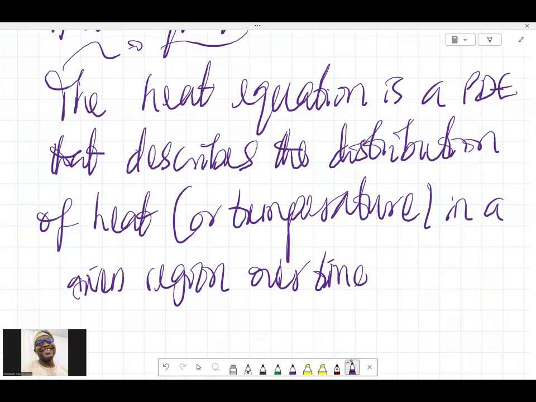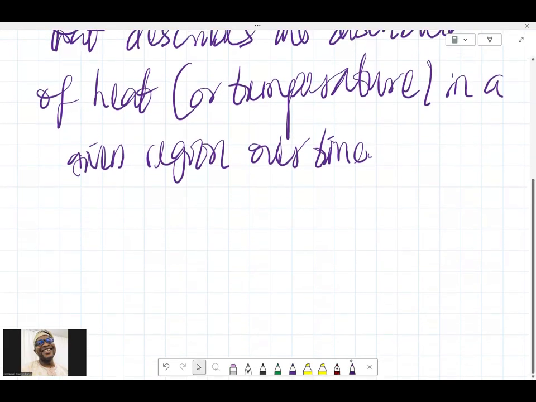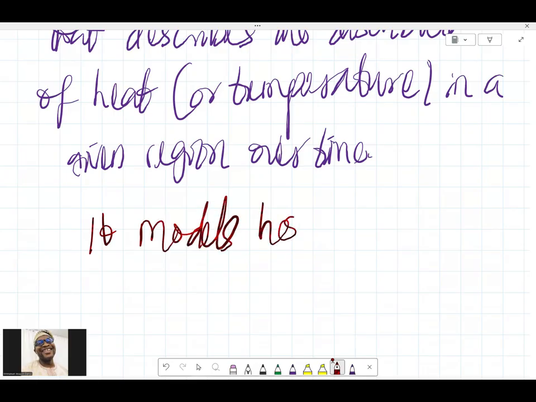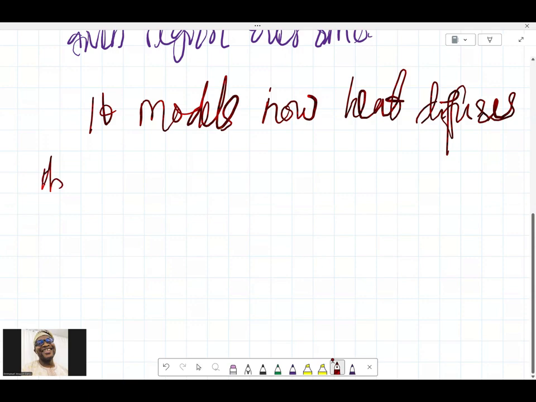So the region is space and time is time, right? And that is why it has to be a partial differential equation. It models how heat diffuses through a medium.